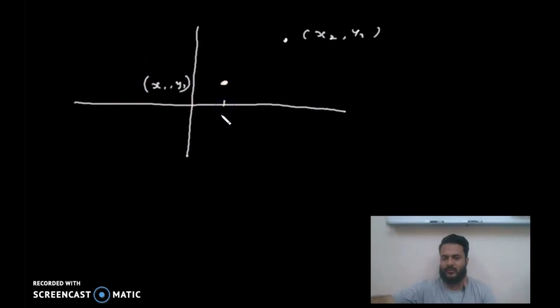So here it is x1 and this point x2. Here it is y1 and this point will be y2. Join these two by a straight line. We have to find the distance. This is d. Call it P, call it Q.